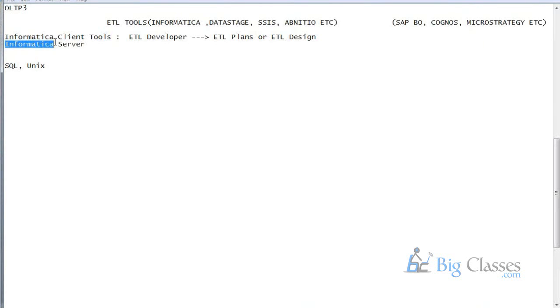So for accessing the Informatica files, basically the Informatica server is most of the time installed on a Unix box. That is the reason you have to know Unix. Either to crack the interview or even in the projects, because the Informatica server is built on the Unix box, you have to know the commands and sometimes the scripts also.